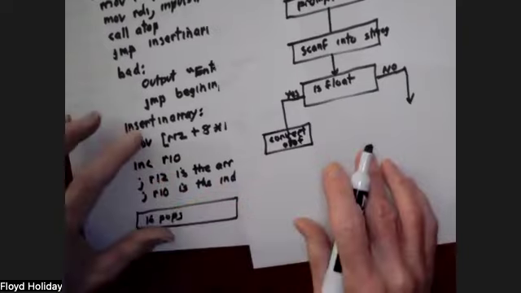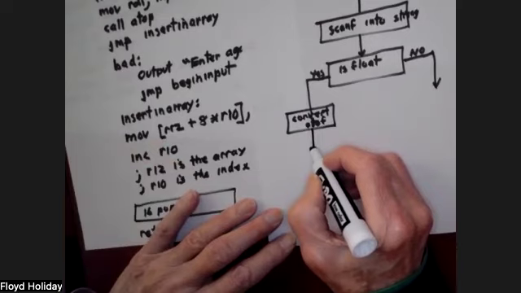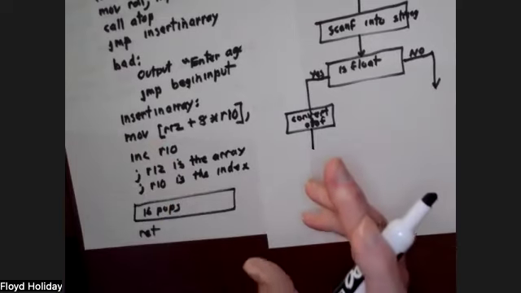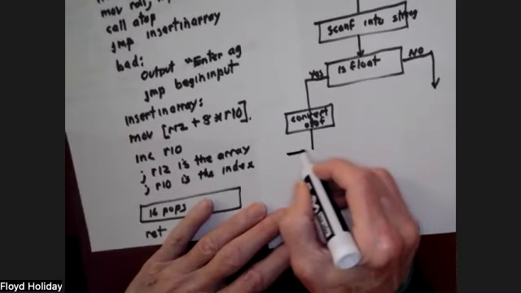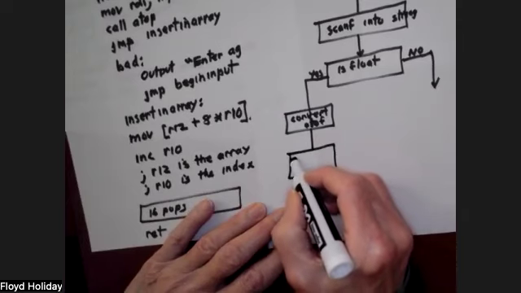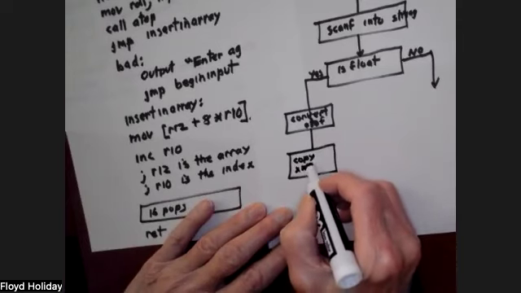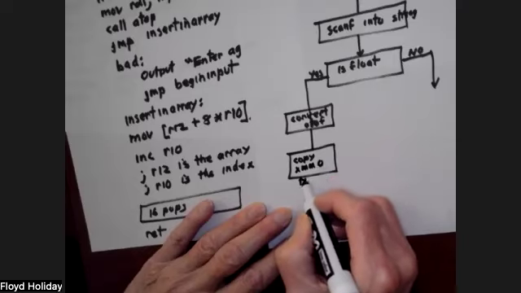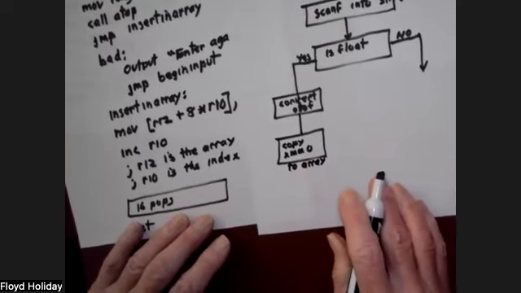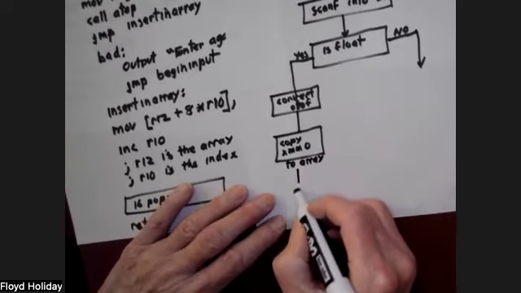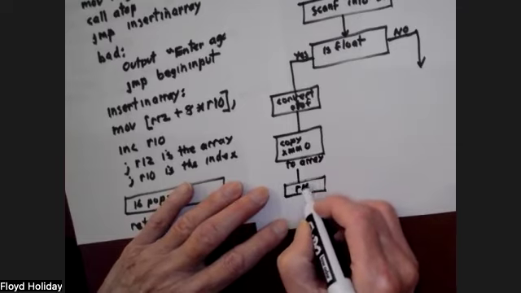ATOF produces a value in XMM0. Copy XMM0 to array. Increment R10, R10 plus plus.